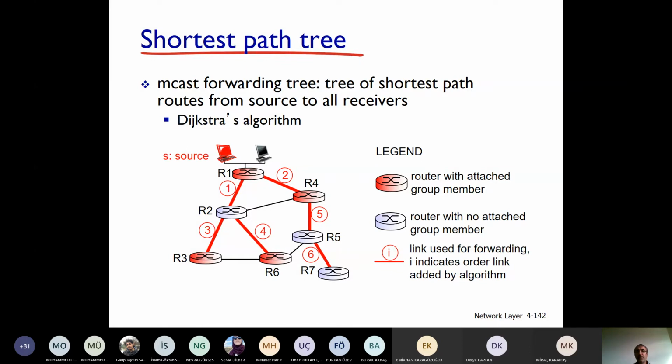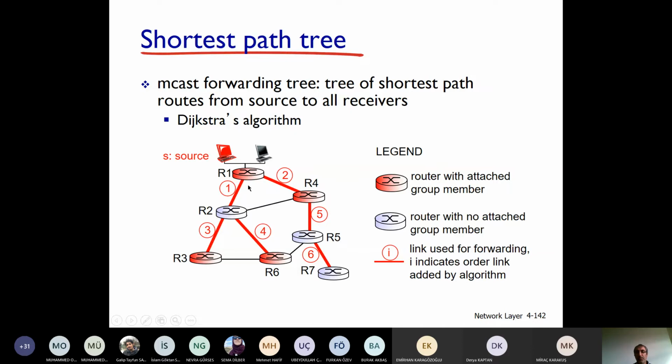So how do we find the shortest path in this case? In this method, we use the Dijkstra algorithm that we just learned in the previous lecture. Assume that R1 is the source, and then we use the Dijkstra algorithm to construct the shortest path tree.